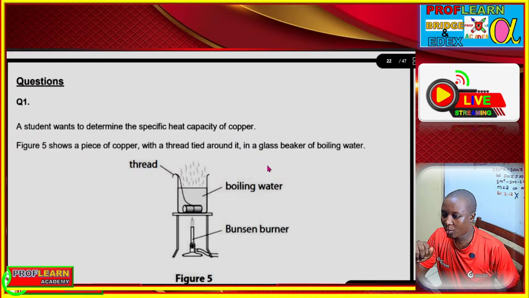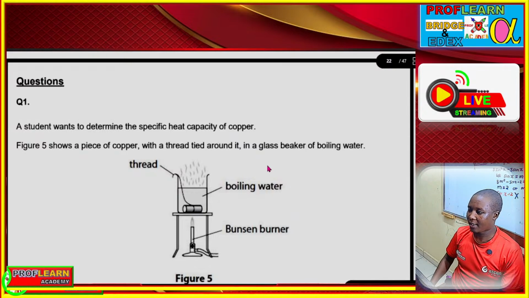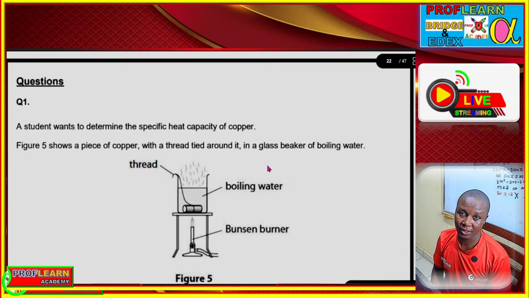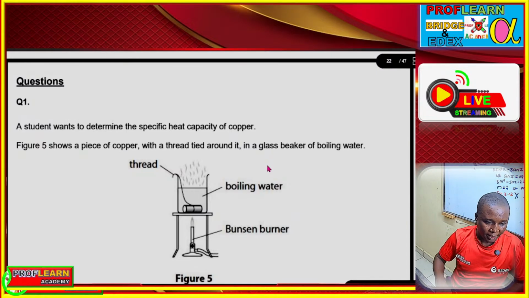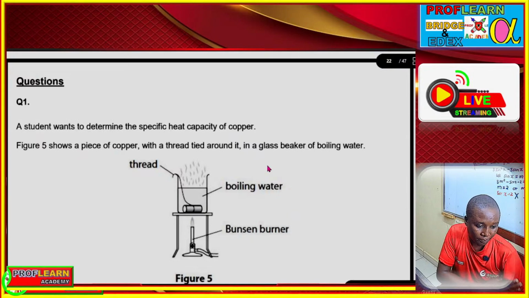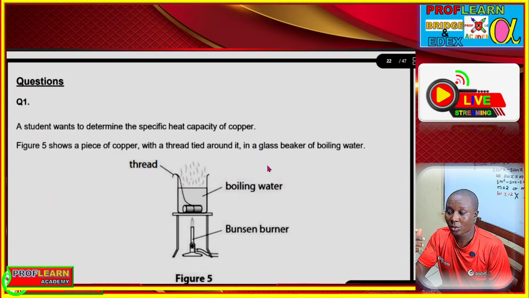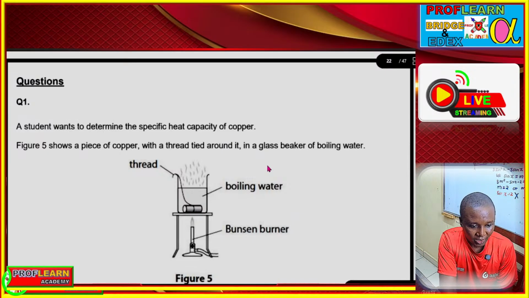One of the questions we are going to look at is specific heat capacity, and we shall add every area that is technical, and the main tips you should know as far as the exam is concerned. Tomorrow we shall also look at the required practicals that you really need to know. So I believe, guys, you have benefited from this live.